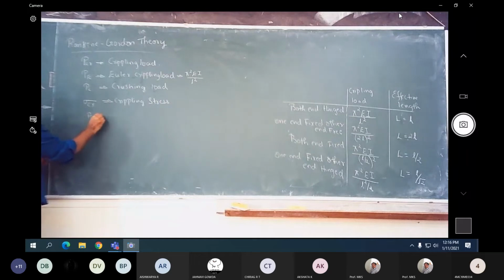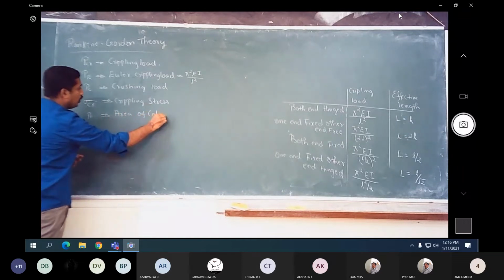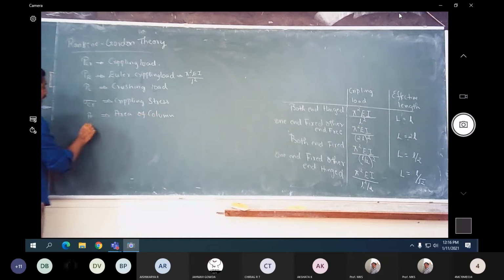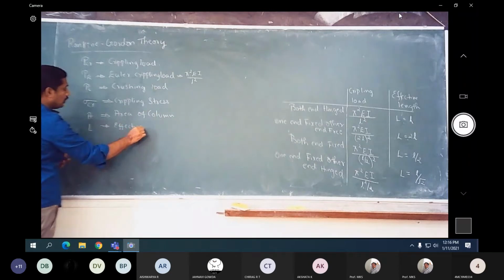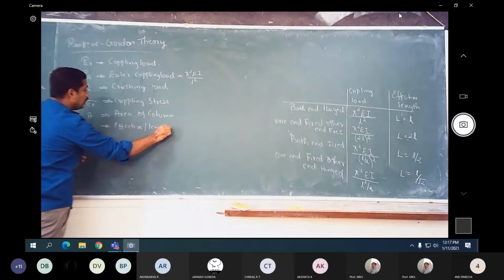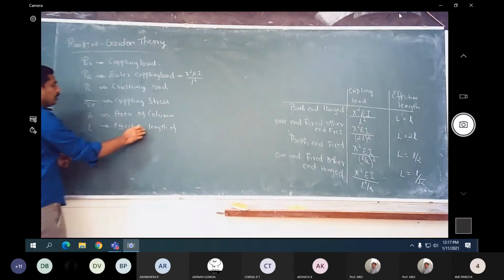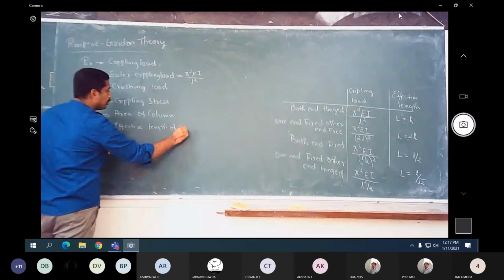Similarly, let A be the area of the column and L be the effective length or just the length of the column.